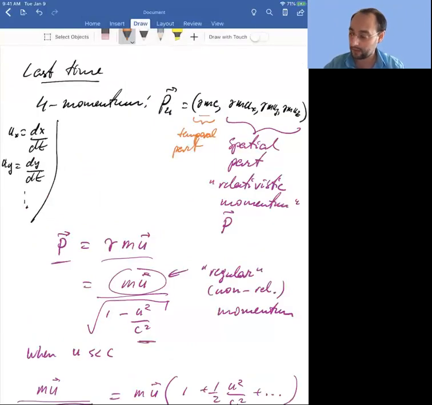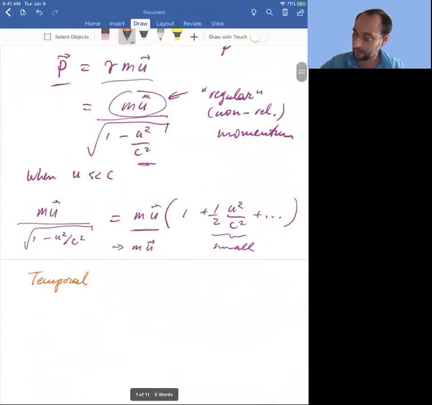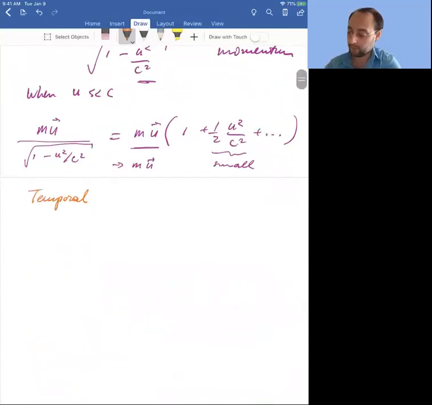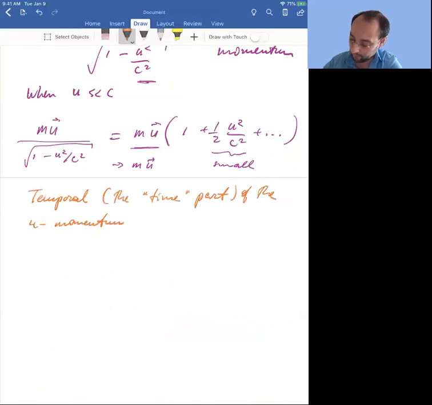Because remember, this whole thing started with time, or ct. And we took derivatives, multiplied by m, and so on. So that's the temporal part, or the time component. So this is gamma mc.